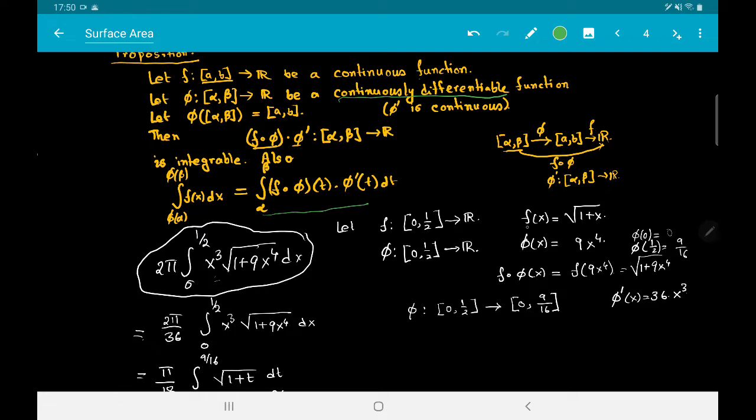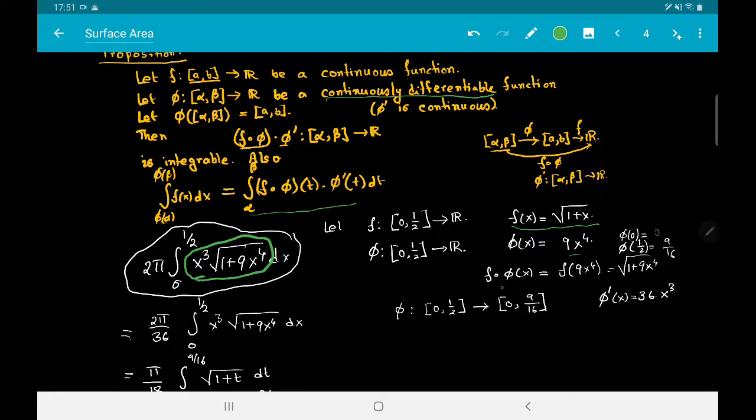I need f to be a continuous function, so let me take square root of 1 plus x. Remember that all we need is this expression. So I take f of x to be under root 1 plus x, and phi is the function 9x to the power 4. So what is f of phi of x?